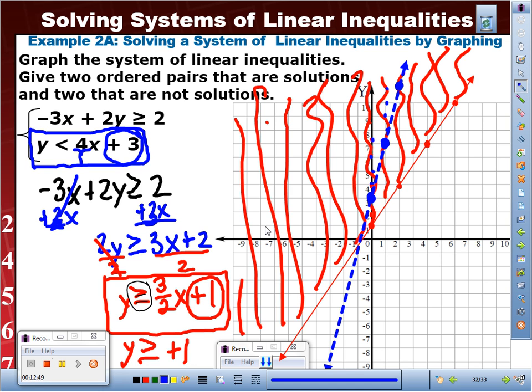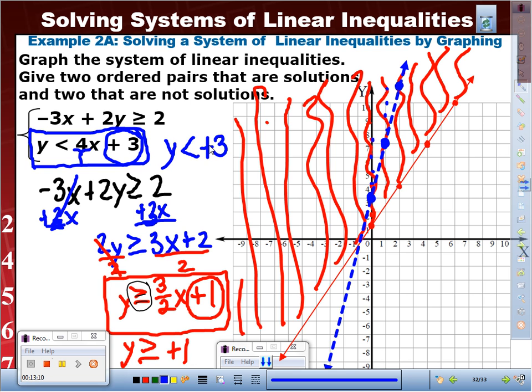All right. Now we need to shade the solution set for that line. So what information do I need from this inequality? The y. What else? What else do I need? The inequality symbol. What else? And the plus 3. So let's see. Here's plus 3.